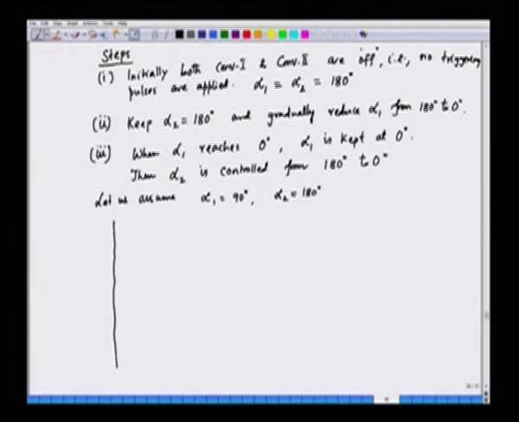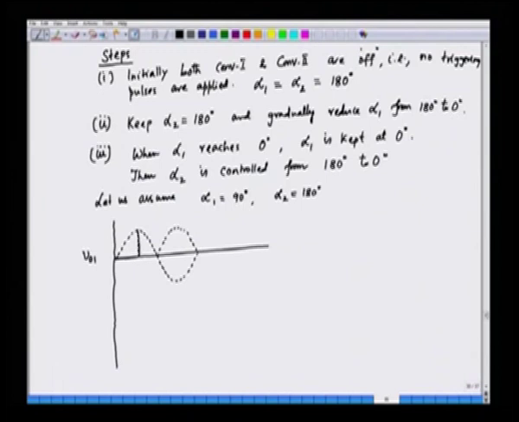So, if we assume this, let us try to see what is the output voltage. If we are plotting here V naught 1, V naught 1 will look like this. We have a rectified voltage here, and this is alpha 1 is 90.